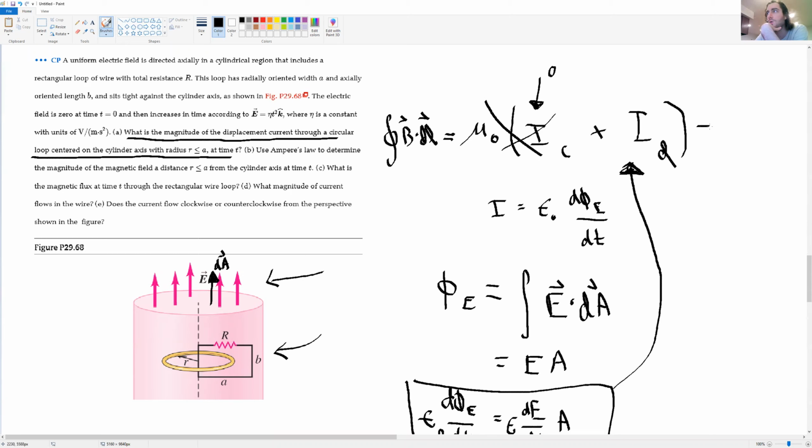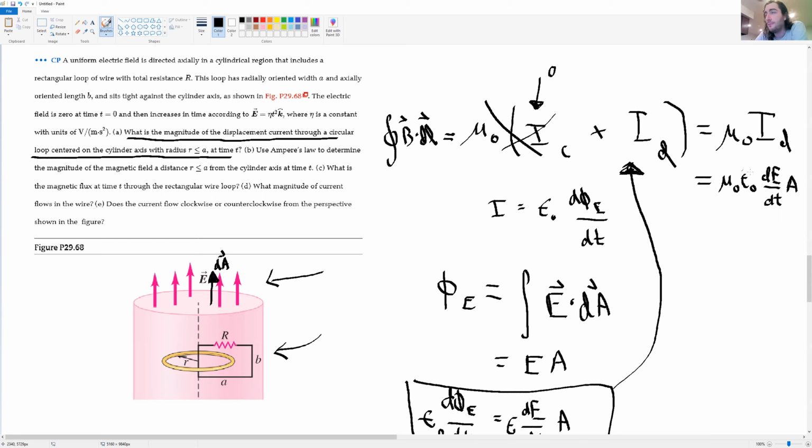So it just equals mu 0 I_D, which means it equals mu 0 epsilon 0 dE dt times A. Probably I should put a partial derivative with respect to t for E there, but E only depends on t, so it's okay in this case.